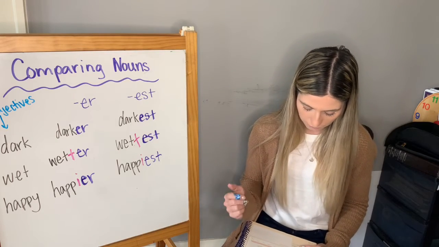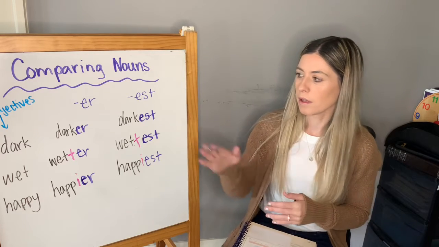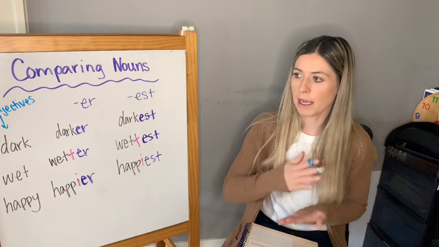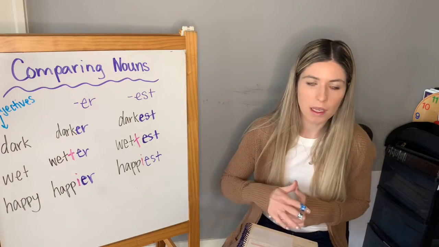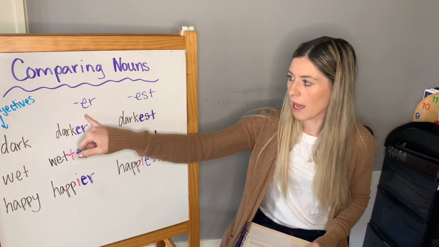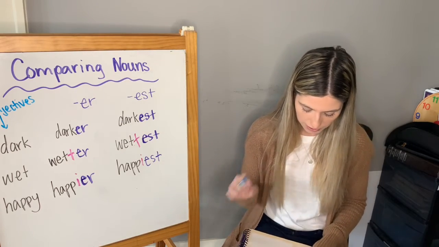I'm going to actually give you some words that are comparing words that gradually get more of something, but you don't add er and est, they actually change words. So listen carefully.